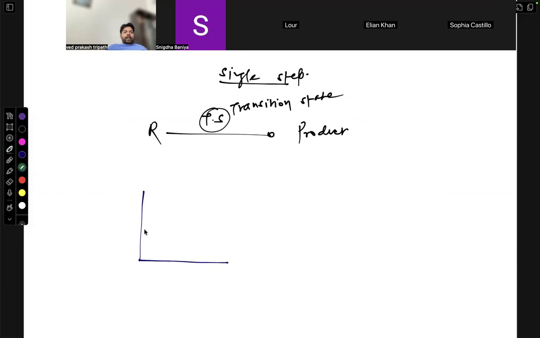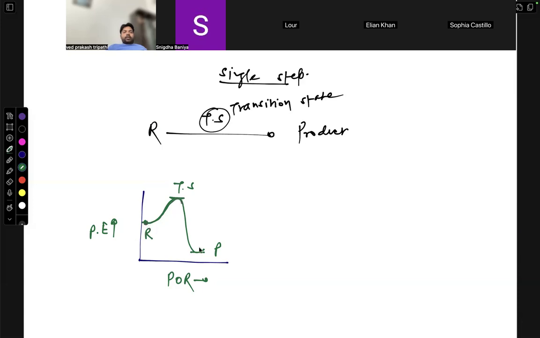Whenever the reactant energy is higher than the product, like this is the reactant, this one is my product, this one is the potential energy, this one is the progress of reaction, and this peak point is known as the transition state, TS. This is a single step reaction because we have just one peak.